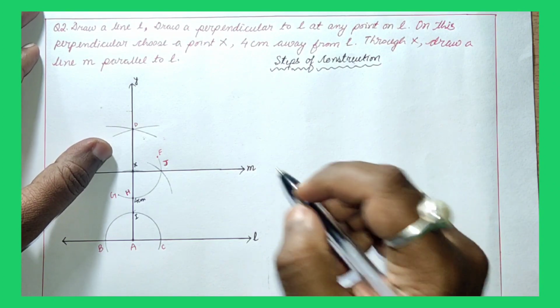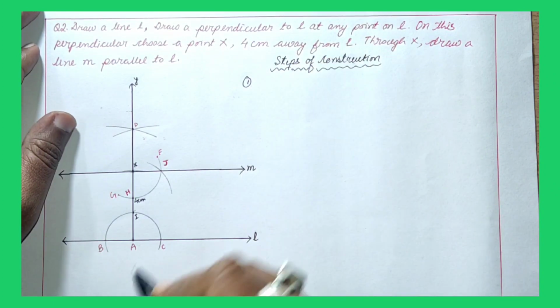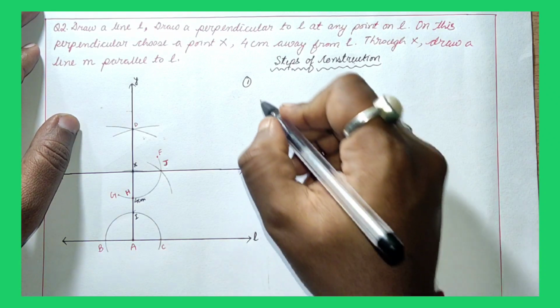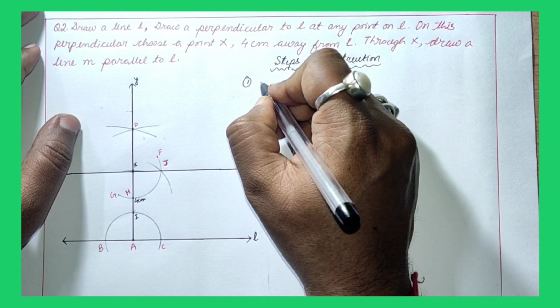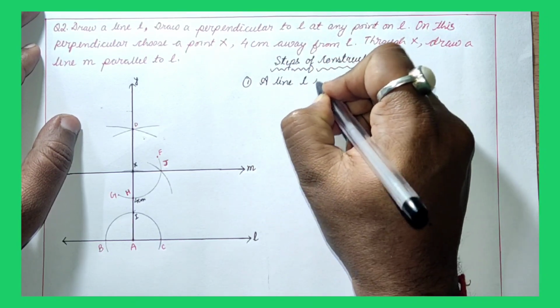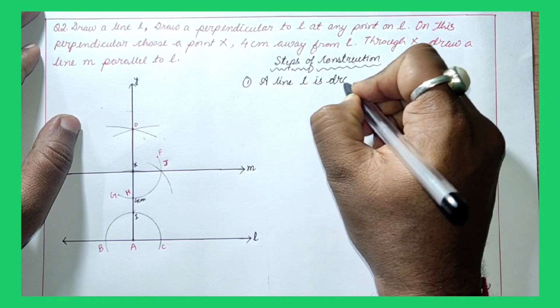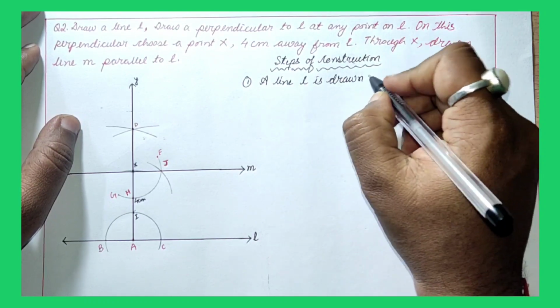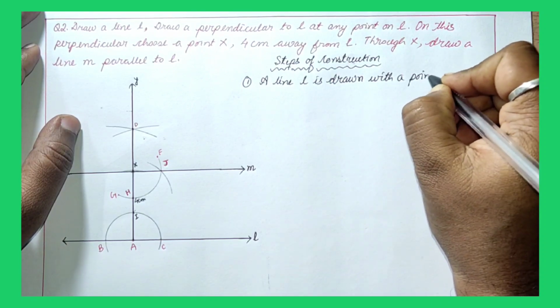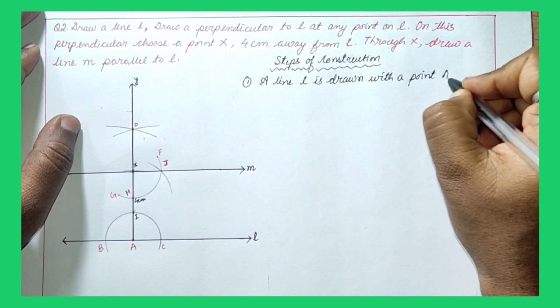So number one, first we have drawn a line L with a point A on it.